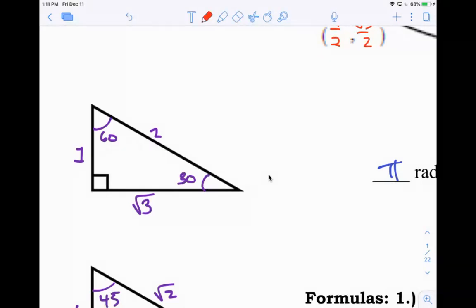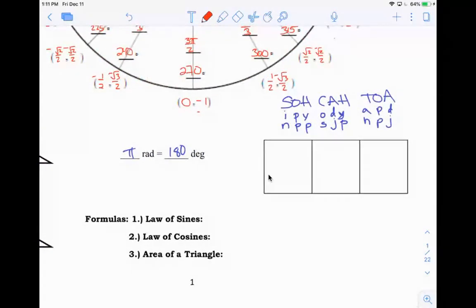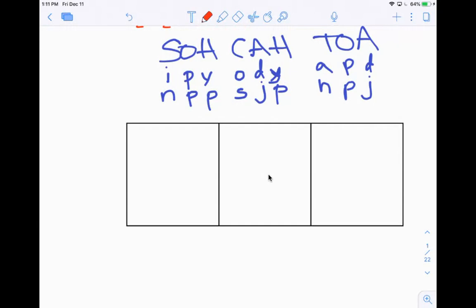And the inverse trig functions get their own names. We're going to go ahead and write those down over here in the boxes. We have sine theta, cosine theta, and tangent theta. When you invert them, remember inverse is the same thing as a reciprocal.